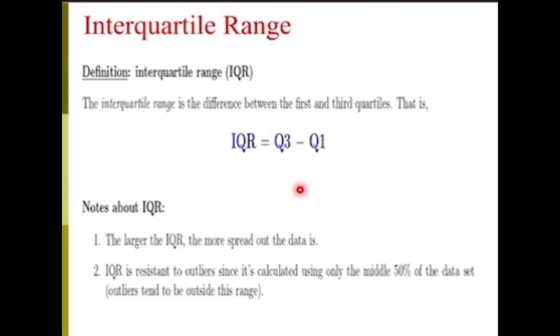Does that make sense? So IQR equals Q3 minus Q1. This is a measure that can be trusted when it comes to measuring spread when there's an outlier in your data set or when there's a skewness, either positive or negative.